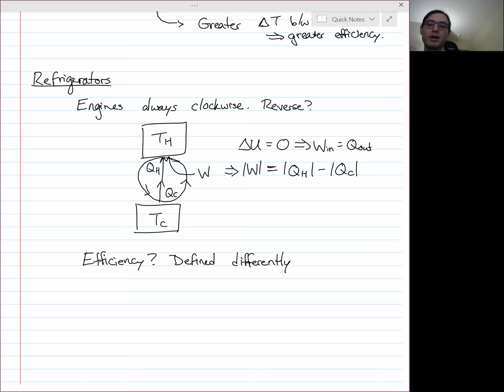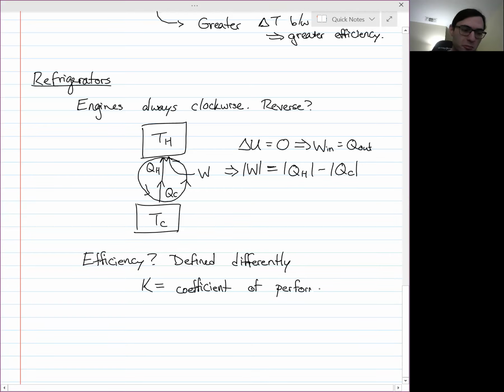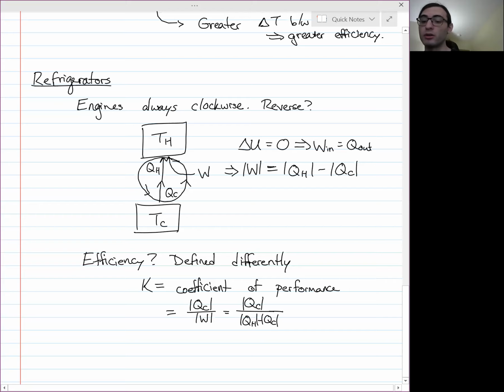How much heat can it remove from your cold environment given that much input work? And so we call the measure of that the coefficient of performance. And it's just measured as QC divided by the work, which is QC divided by QH minus QC. And so this can actually be greater than 1, like this coefficient of performance. So that's why we don't really call it efficiency.